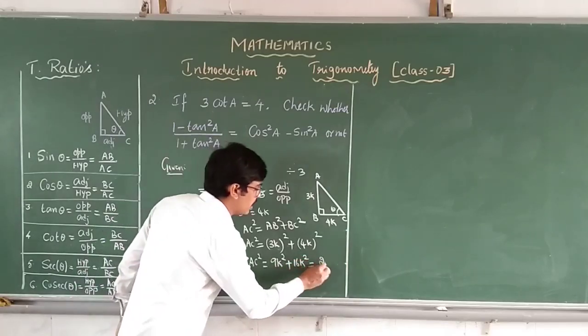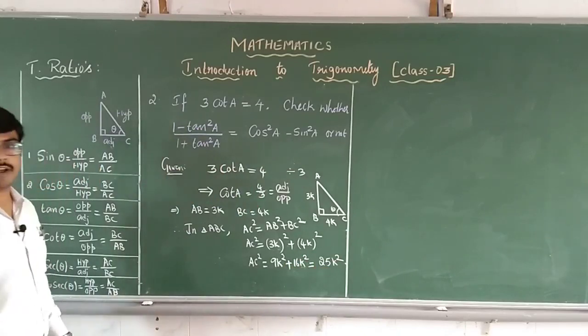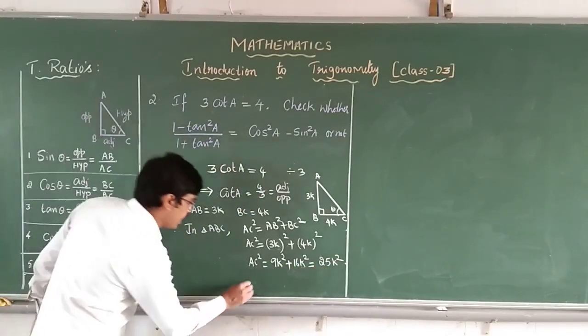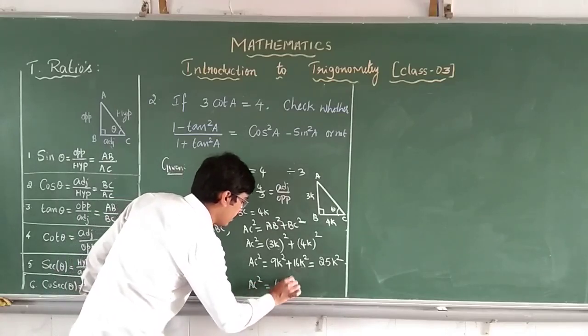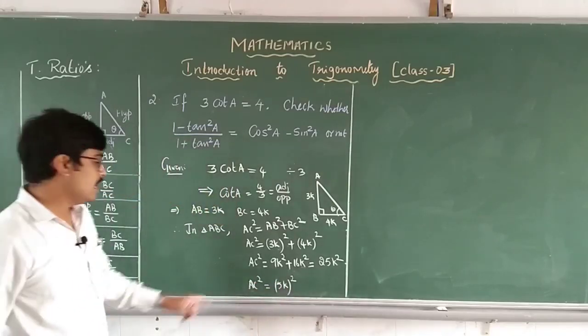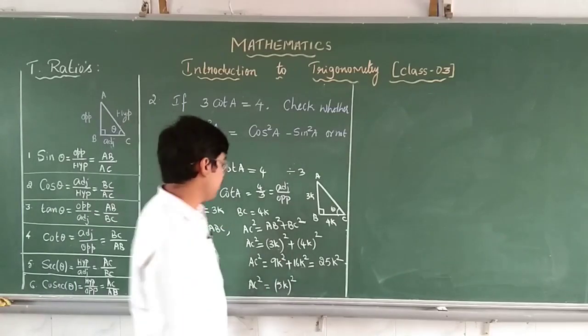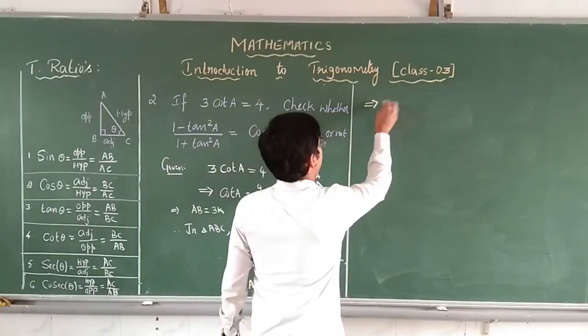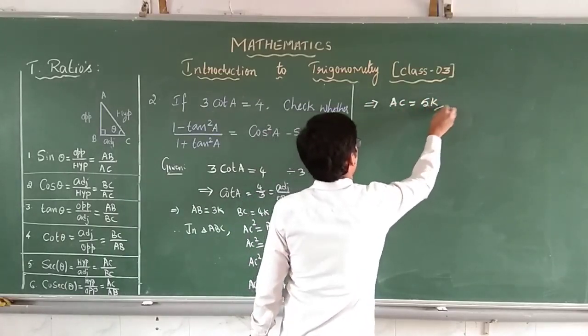It is nothing but 25 times k square, by adding 9 and 16. So AC square is equal to 5k whole square. I can write 25 as 5 square. This implies by applying the square root, AC is equal to 5k.